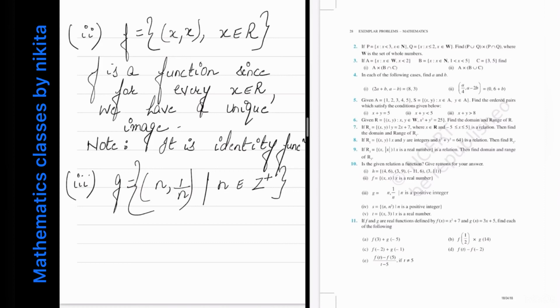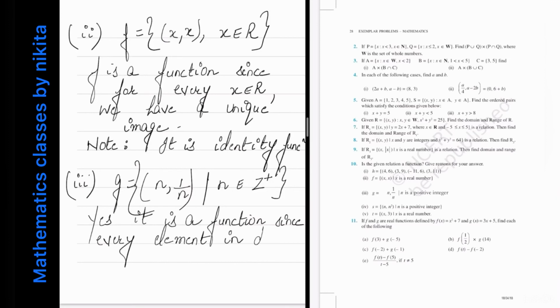So I will write yes, G is a function since every element in the domain has a unique image.